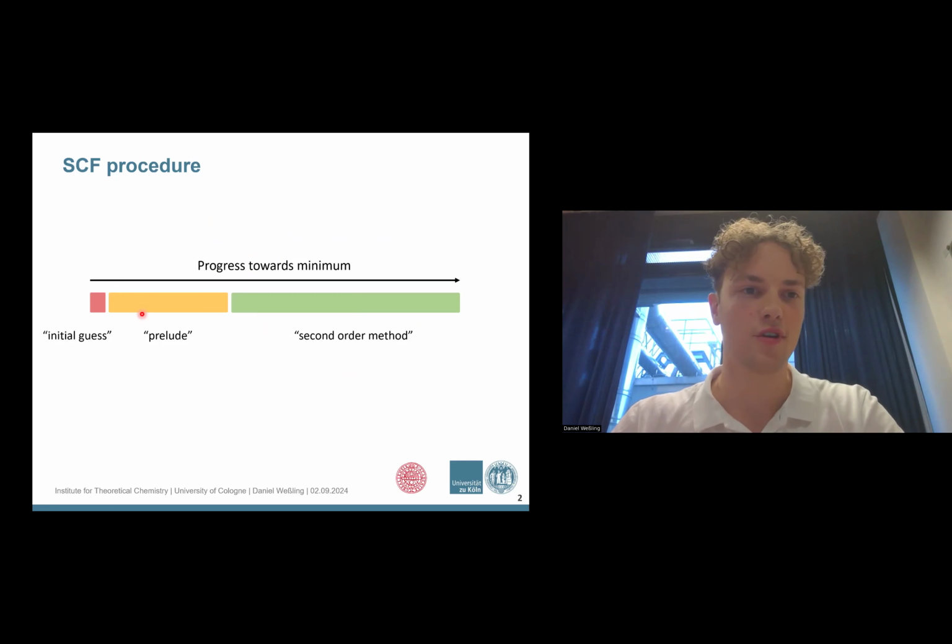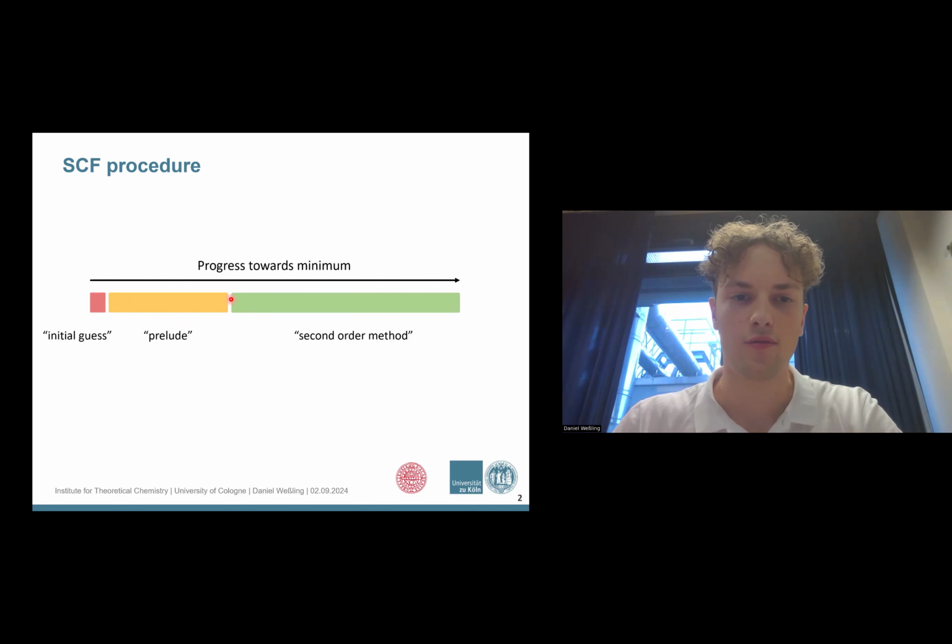So, of course, we are always talking here about the SCF procedure. Let's talk a bit about the notation or the terms I'm going to use here. In the SCF procedure, we are making progress towards the minimum of the energy, which is at the end here. But first, we're making an initial guess. And then far away from the minimum, we first have a prelude. I call it a prelude, but it's actually just the SCF startup with different robust methods that work well in the non-quadratic region.